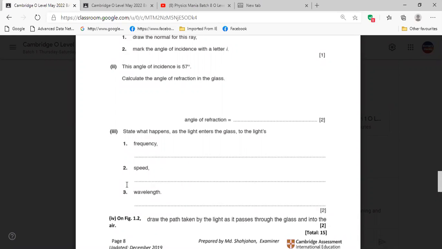That's what happens as the light enters the glass to the light's frequency, speed, wavelength. So what will be your answer about frequency? The frequency remains the same. Very good. Then speed?